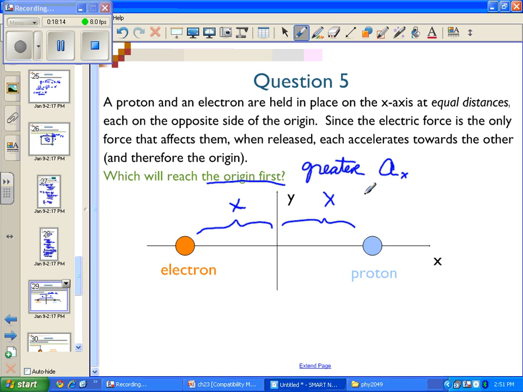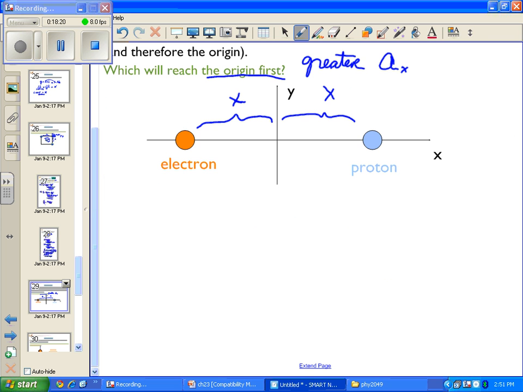And of course, that is along the x-axis. Now, this problem asks us to focus on Newton's second law and the fact that the force the electron exerts on the proton is the same as the force that the proton exerts on the electron in magnitude. So the question is, who is going to accelerate at a greater value?